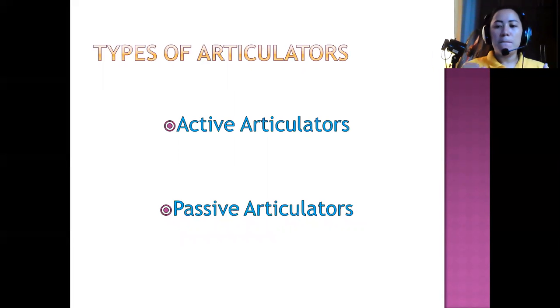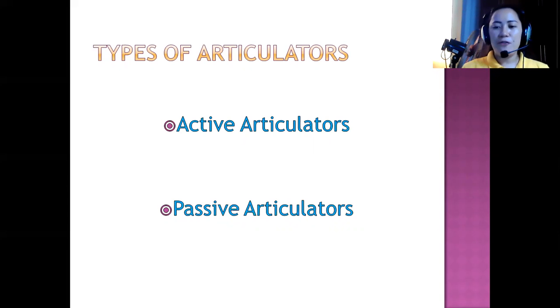Before going into the place and manner of articulation, let's have a short review of what we discussed in our last lecture video. We talked about the types of articulators. There are two types: again, we have the active articulators and the passive articulators.